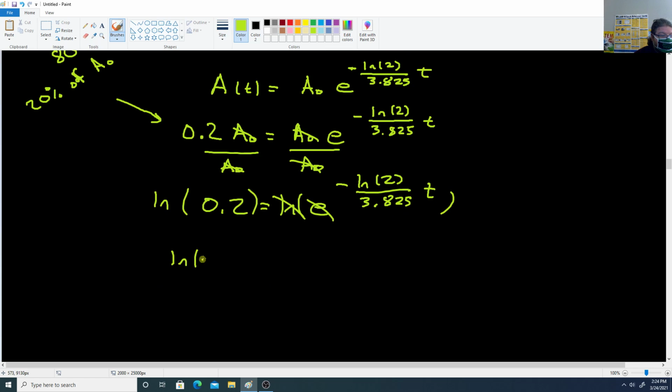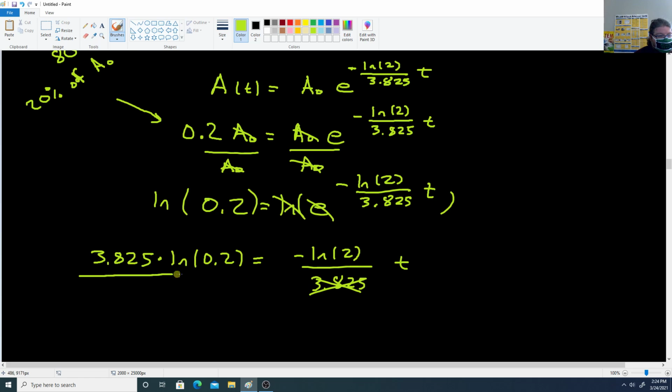We get natural log of 0.2 equals negative natural log of 2 over 3.825 times t. We'll multiply 3.825 on up here. So we want it out of there. And we'll divide the negative natural log of 2 back across.